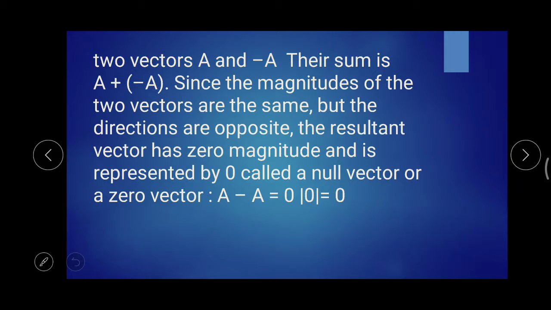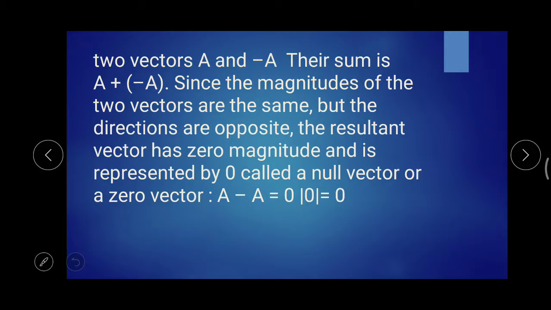The next one, the two vectors A and minus A. It means the magnitude is the same but the direction is exactly opposite. Their sum, A plus minus A, has the same magnitude but opposite direction.